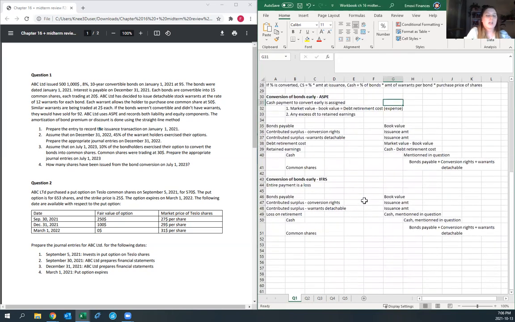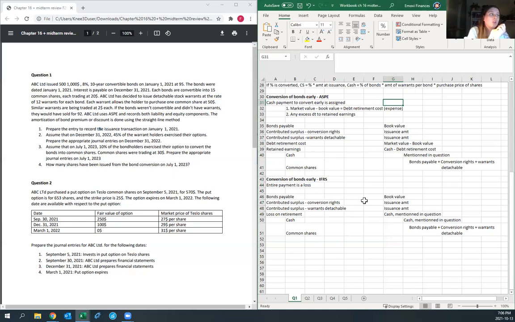If you, the company, decide to convert the bonds early, so you're paying, let's say, 50,000 to the bondholders to say, can you please convert your bonds right now so I don't have to do it at a later date. It might be because your share value or other factors are good or bad and you don't want to wait, you want to do it right now.